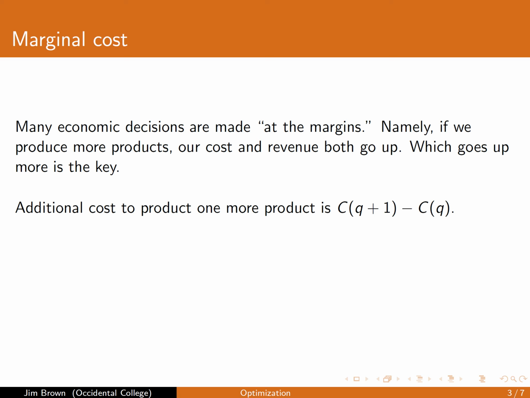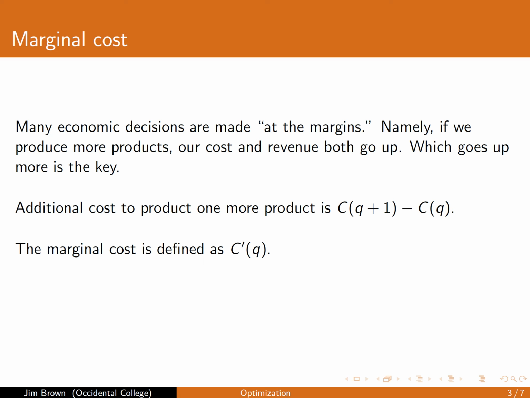The additional cost to produce one more product, going from Q products to Q plus 1 products, is just C of Q plus 1 minus C of Q. But economists generally define the marginal cost to be C prime of Q, so just take the derivative of the cost function.